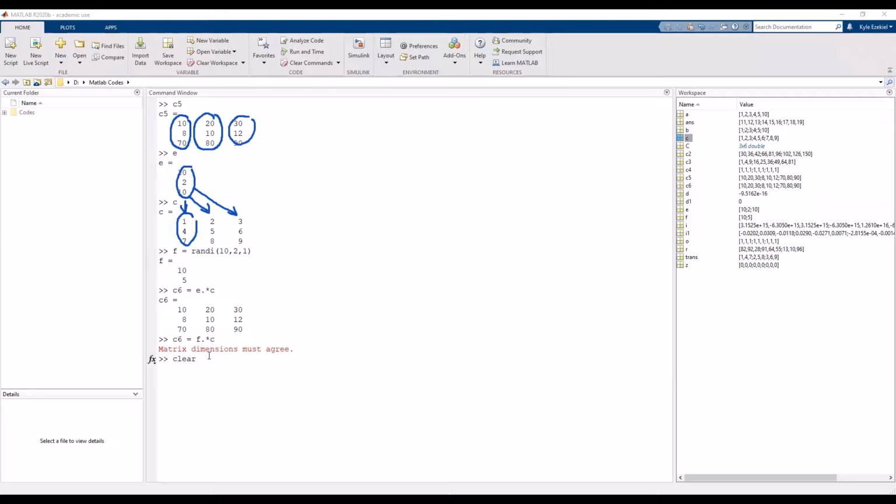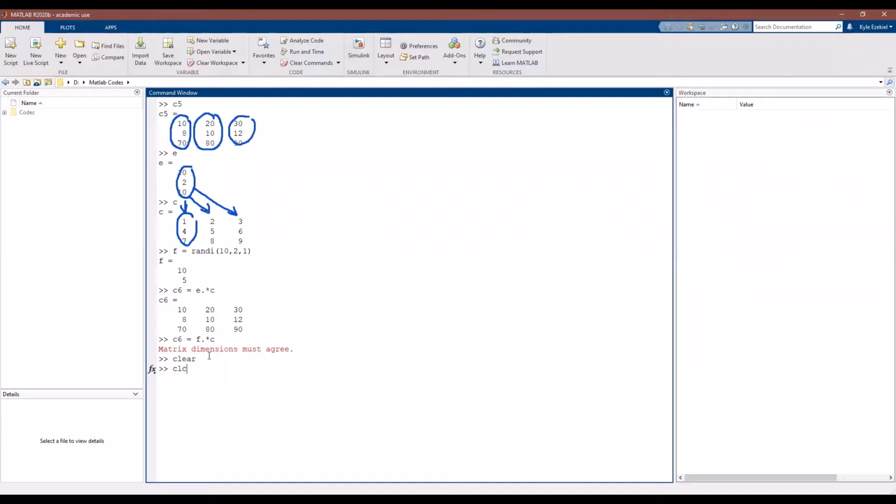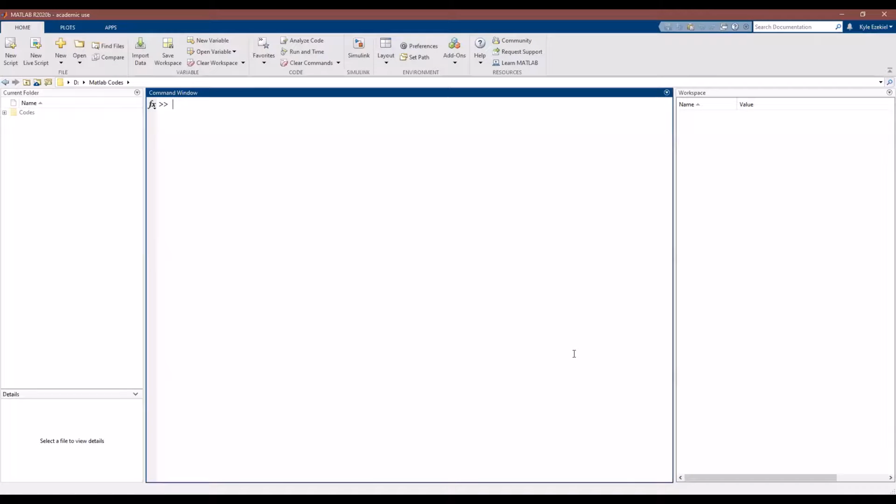So let's move on to trigonometric functions. Okay, so I would just clear this so we can proceed to another lesson. Basically, MATLAB has 12 trigonometric functions from your normal transcendental functions up to the hyperbolic functions.